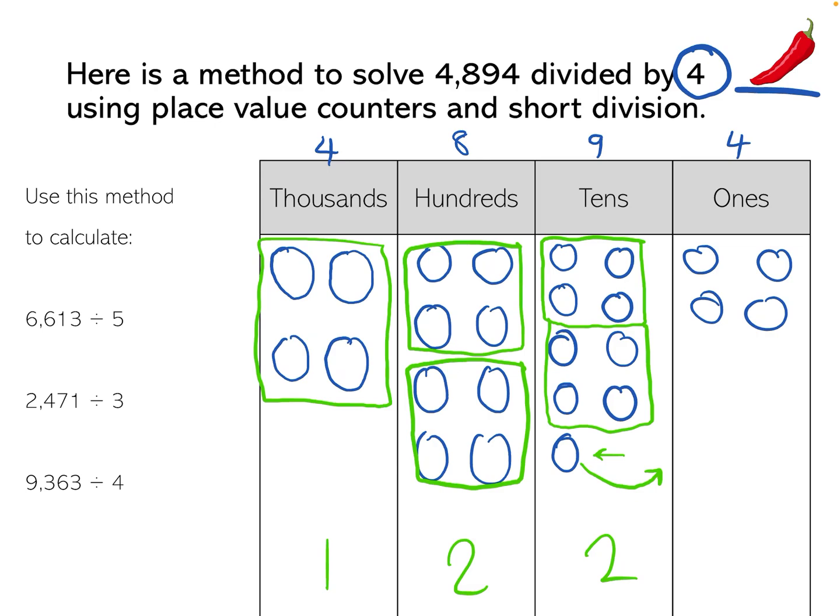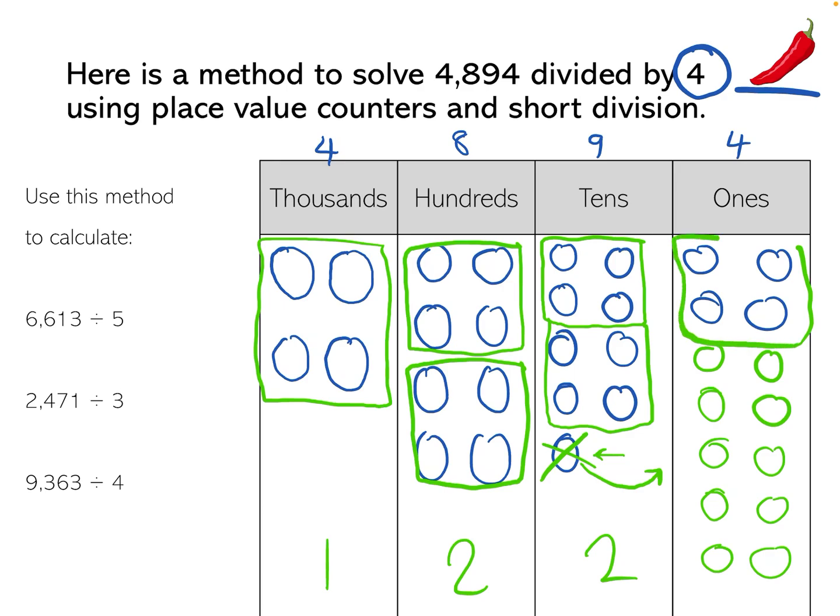Well, I'll take that 1. I'm going to take this 1 10 and swap it for how many 1s? 10 1s. So 1, 2, 3, 4, 5, 6, 7, 8, 9, 10. So I can cross that out now, because that has gone all the way over there. So how many groups of 4? 1 group of 4, 2 groups of 4, 3 groups of 4. So I've got 3 whole groups of 4.